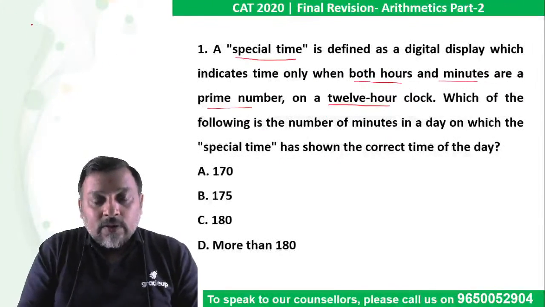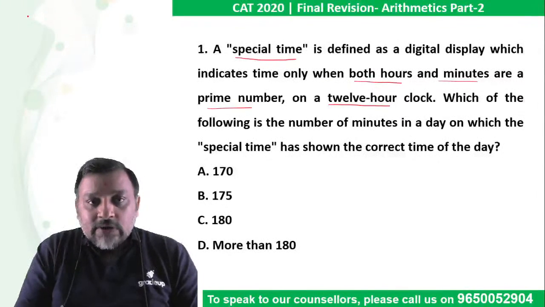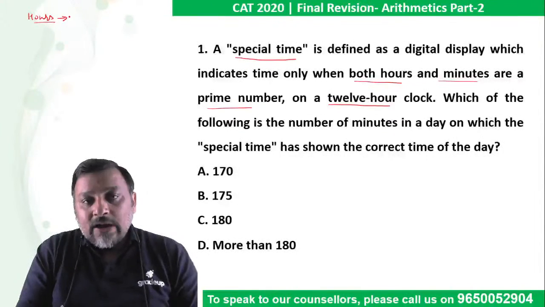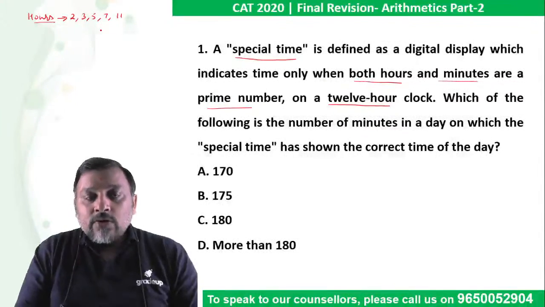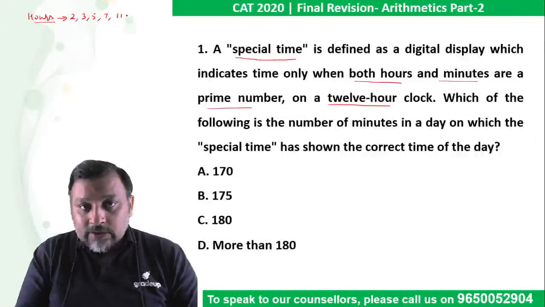Okay, so if I look at a 12 hours clock, can we say in terms of hours, the prime values are 2, 3, 5, 7 and 11. Only these 5 values. And since it is a 12 hours clock, I will have these values repeated.